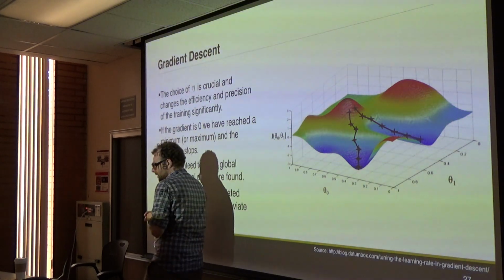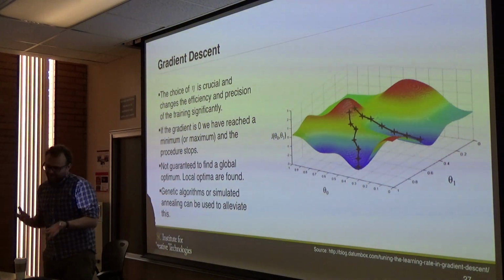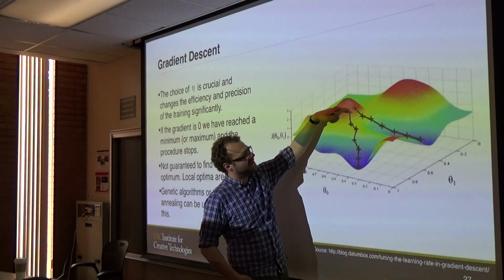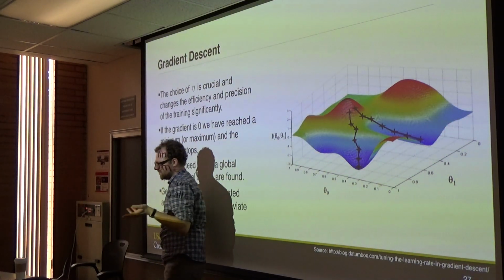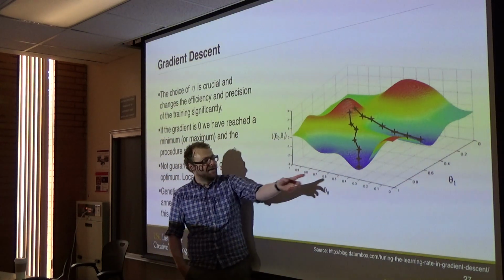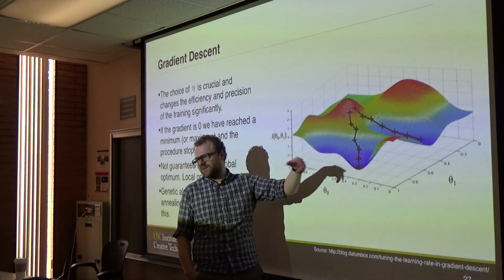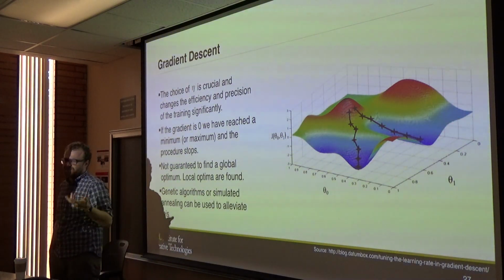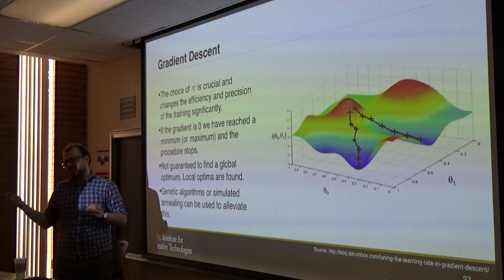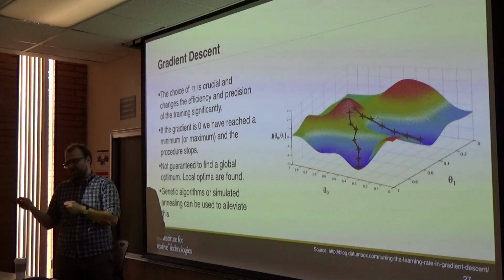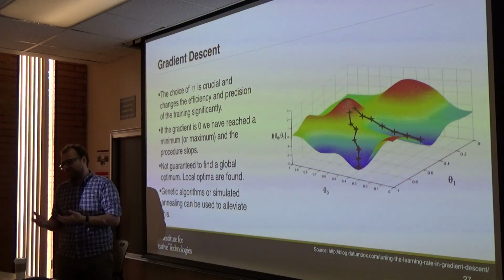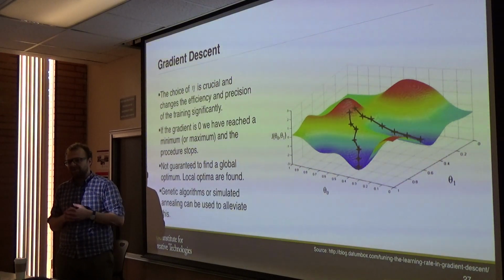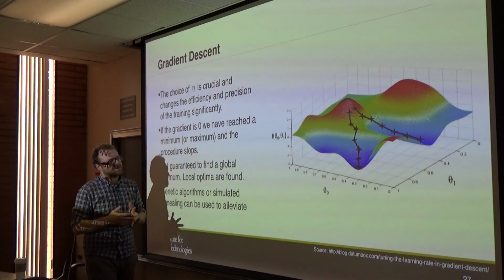Even if you start at the same location, it's not guaranteed that you end up at the same place all the time, because of your learning rate, you might end up somewhere else. So all the parameters influence this, not just the starting locations or the weights, but also the learning rate and a couple of other parameters, depending on the algorithm.